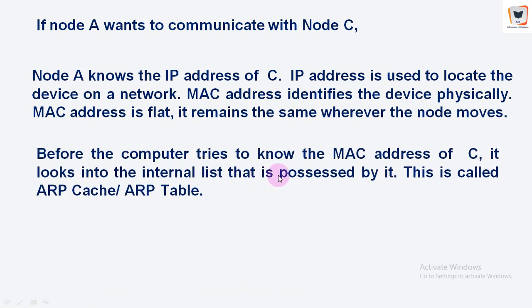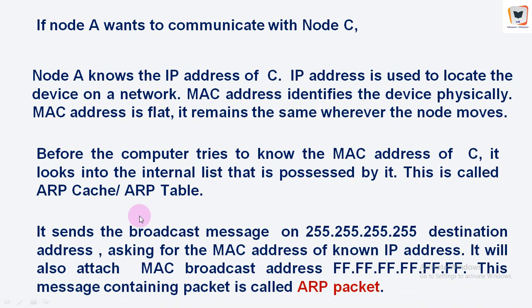Before the computer tries to find the MAC address of C, it looks into an internal list maintained by it, called the ARP cache or ARP table. Otherwise, if C's MAC address is not available in the ARP table, then node A sends a broadcast message on 255.255.255.255.